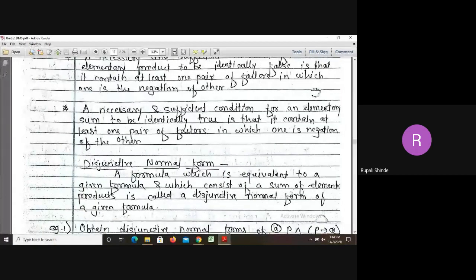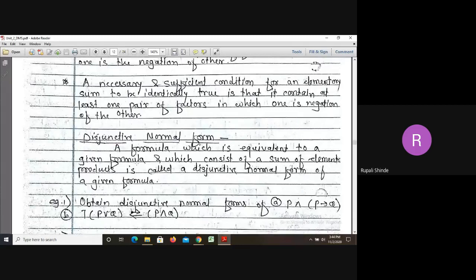Now the next one is disjunctive normal form, that is DNF. A formula which is equivalent to the given formula and which consists of a sum of elementary products is called disjunctive normal form. So this is the definition for DNF.